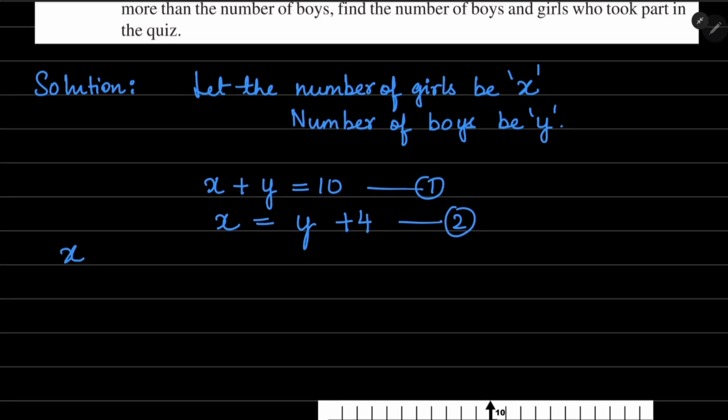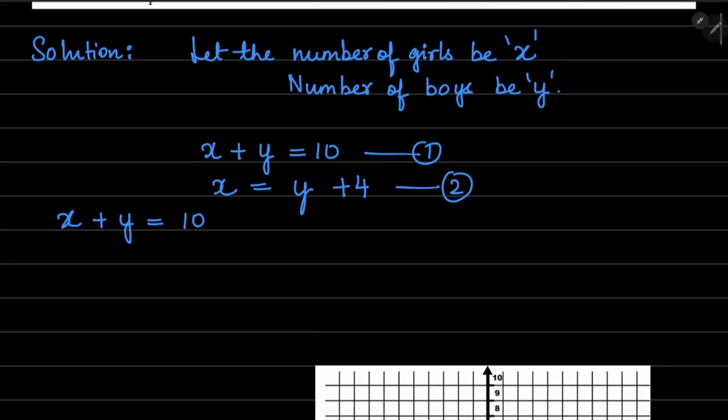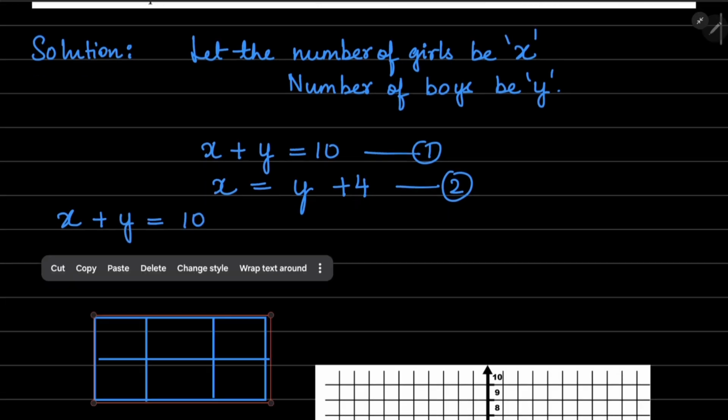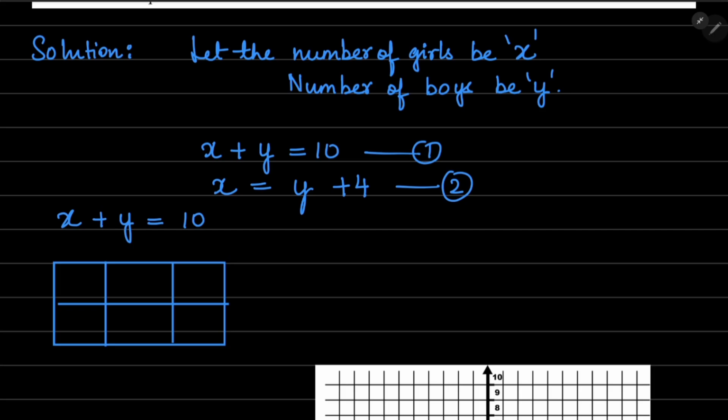In order to solve by graph, let us first find out the points. Minimum 2 points are needed. So let me take x and y. Suppose your x is 5, for example, what will be y here? If x is 5, plus y equal to 10, then y is also equal to 5.